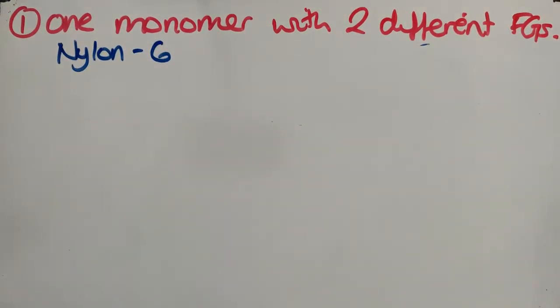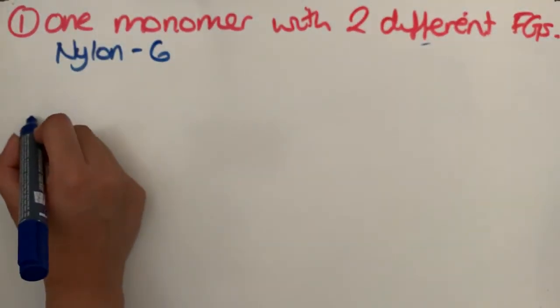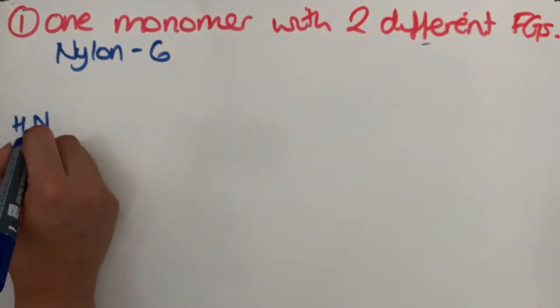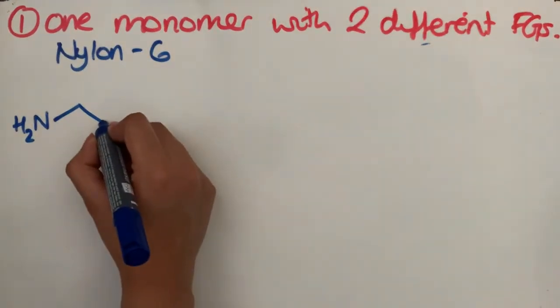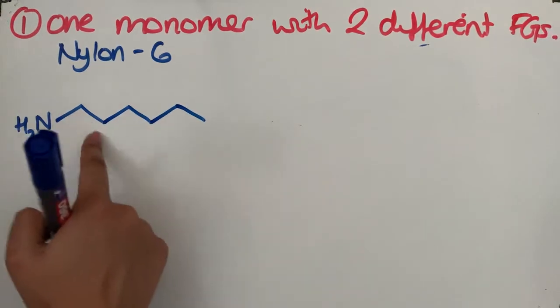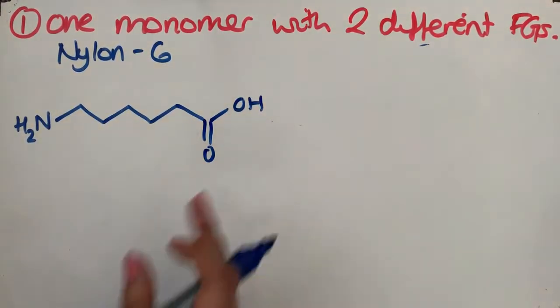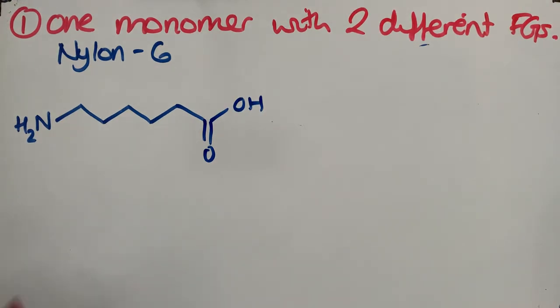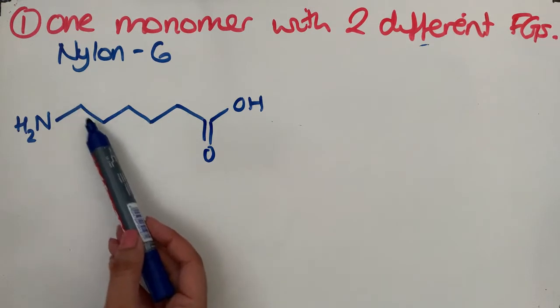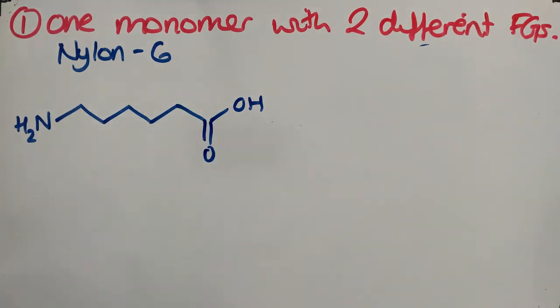Okay, to make nylon 6 you've got to have this monomer, 2, 3, 4, 5, 6. So you have your carboxylic acid on one end, you have your amine on the other. The reason this is called nylon 6 is because, as you can see, this chain here has 6 carbons in it, and therefore this is called nylon 6. You just need to have lots of this monomer.